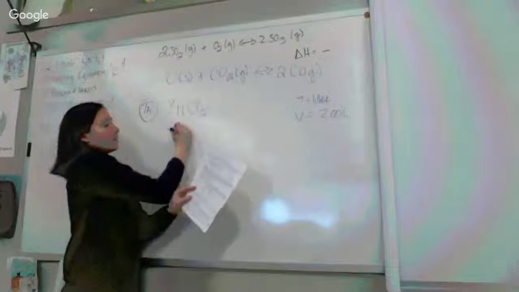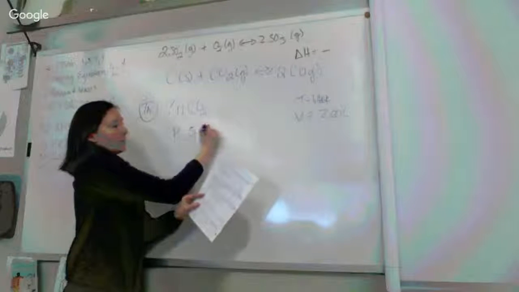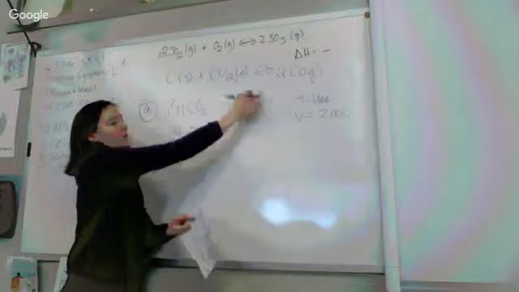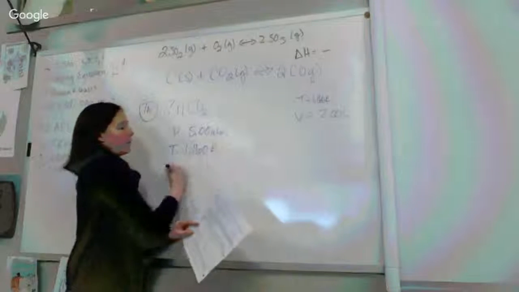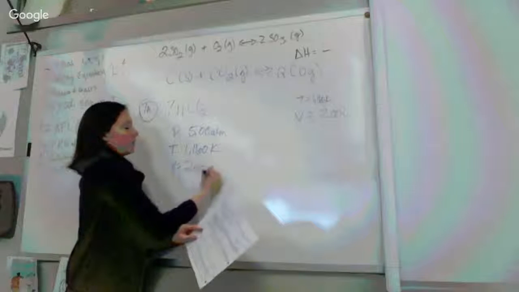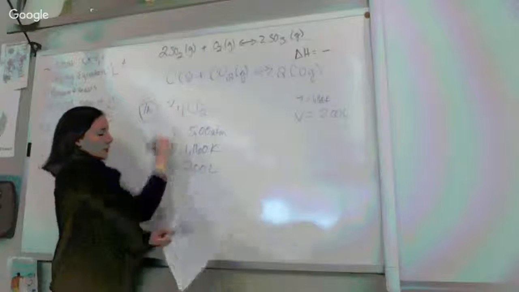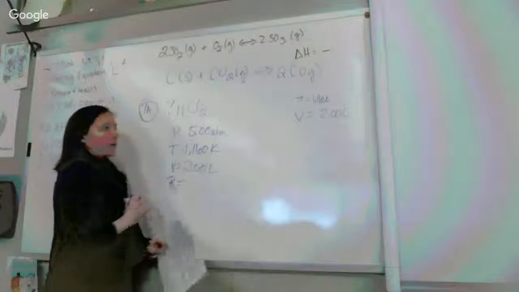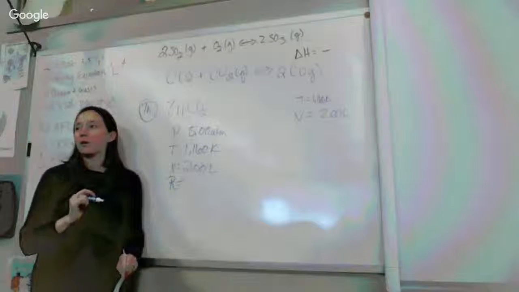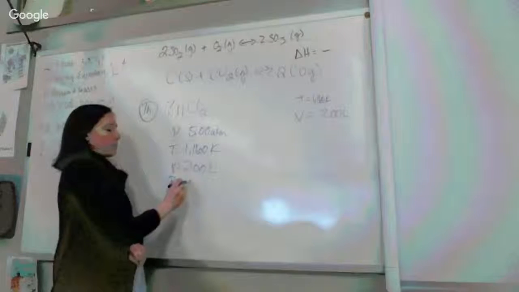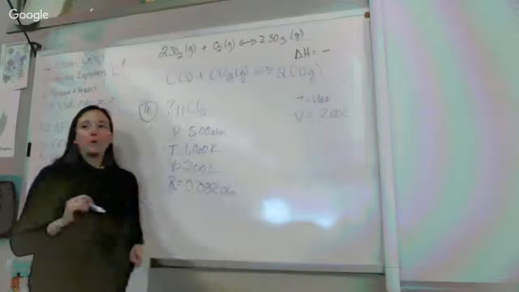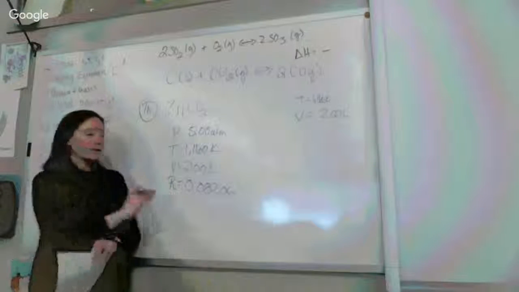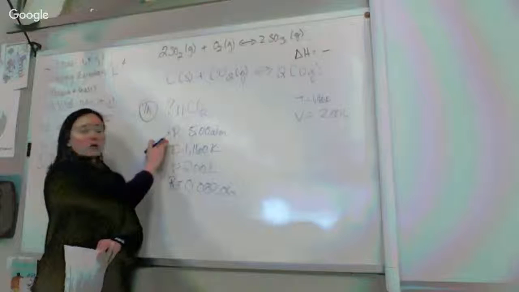So that means my pressure is going to be 5 atm. And then we already know our temperature and our volume. We're solving for moles, so the only thing left is my R value. Do you remember what your R value is? It is on our sheet, 0.08206. And we're going to use that one because my pressure is in atm.